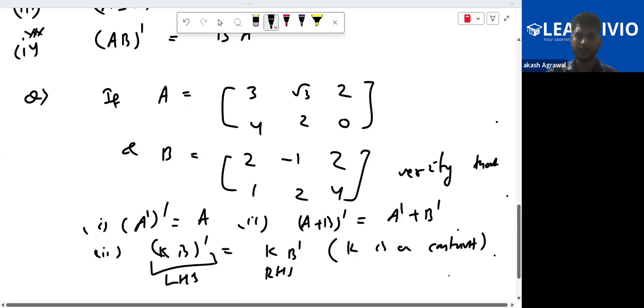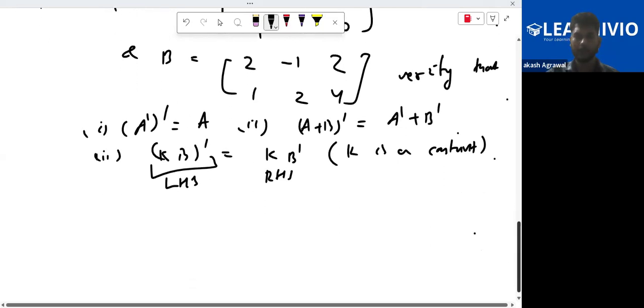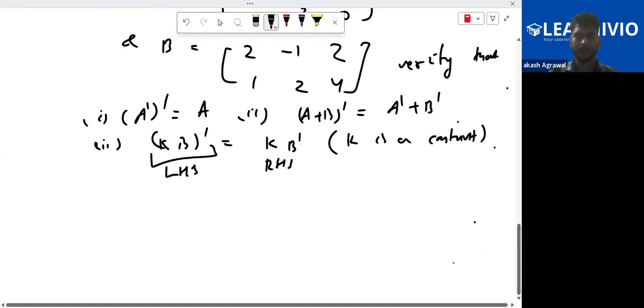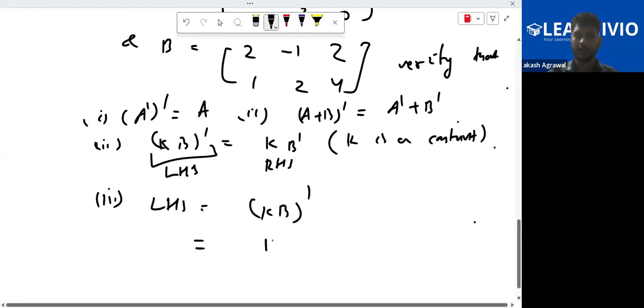I think the first two you can prove very easily. Let me prove the third one. LHS is kB transpose. So k times we need to multiply with 2, minus 1, 2, 1, 2, 4, and transpose of this.